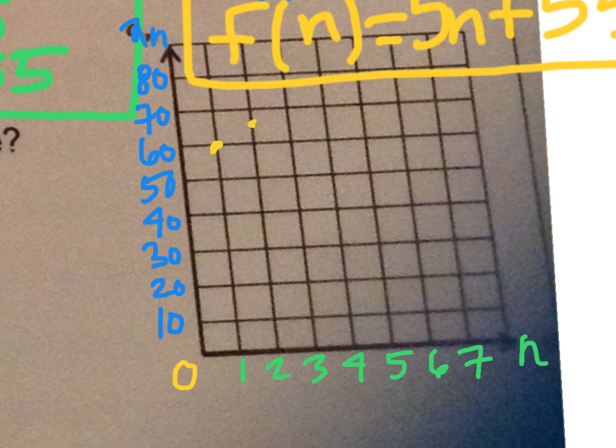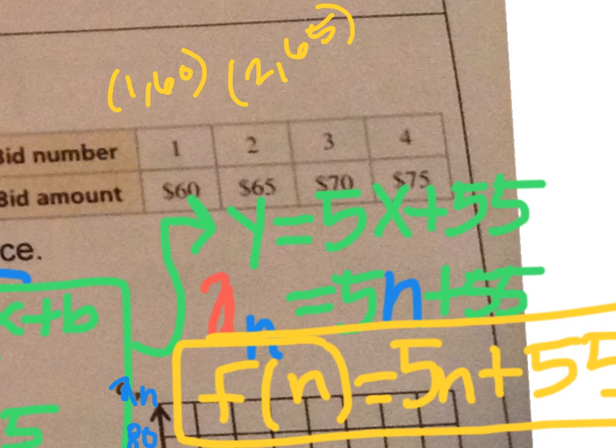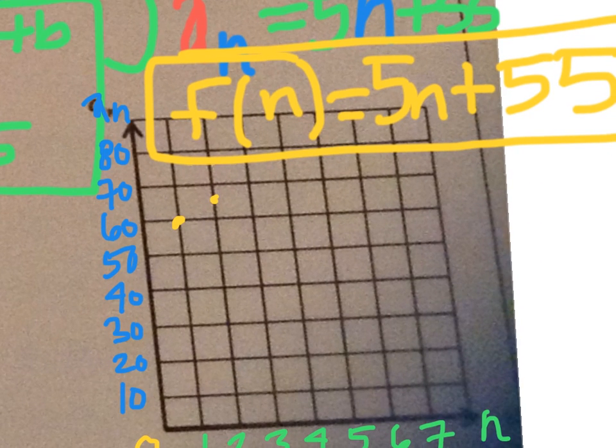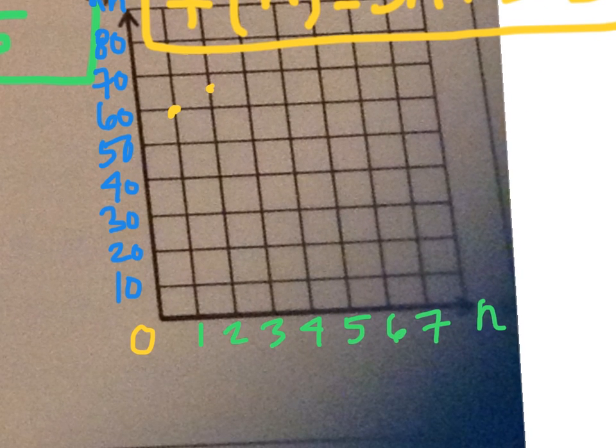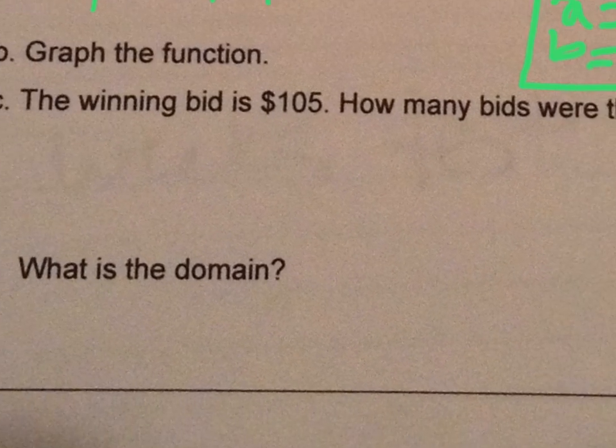So you'll have to go halfway between 60 and 70. Our next point is 3, 70. And our point after that is 4, 75. So let's go plot those. Over 3, up 70, and over 4, up 75. Alright, so there is our equation, or our function graphed.